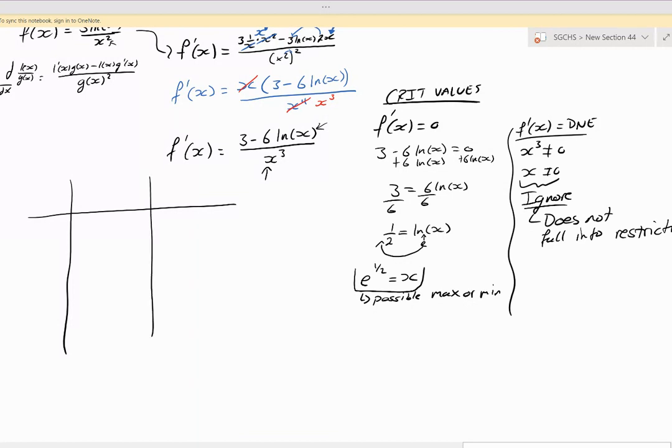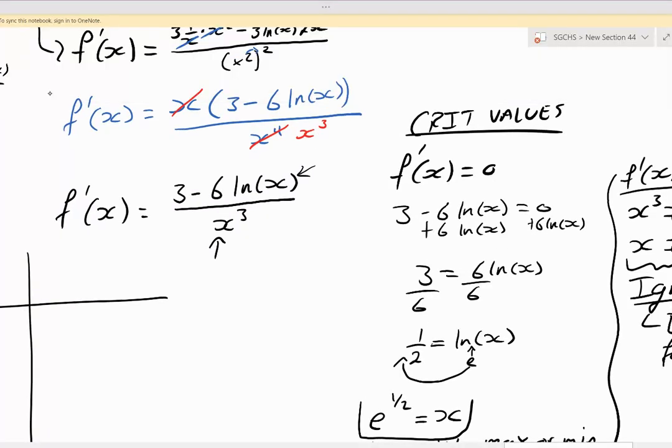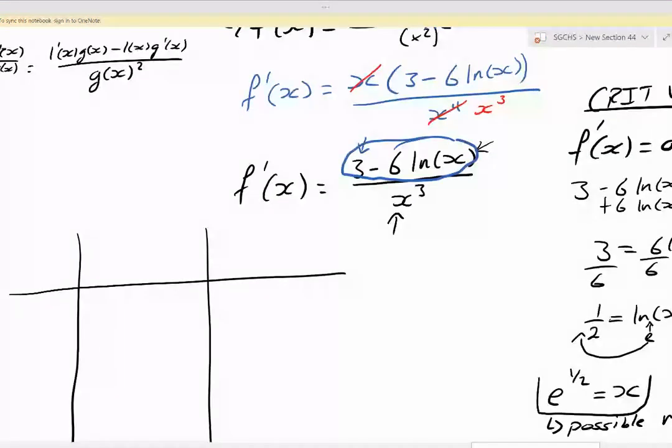Now I've seen a bit of confusion on how to properly do this. It's really important to understand, I'm not putting 3 as its own term and then this as its own term. This entire thing is its own term. So here will be 3 minus 6 ln x.